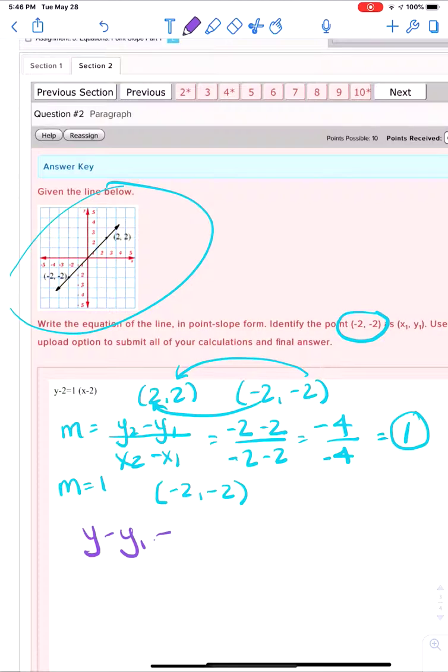So here is my equation. If I'm going to set this up, my m is going to go in here. Now that's 1. My y is -2. And my x is -2.